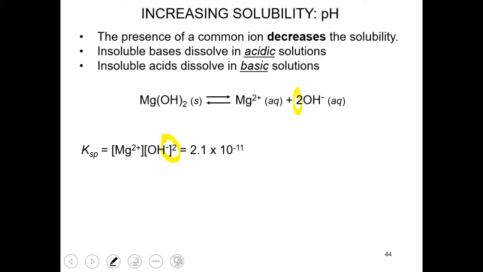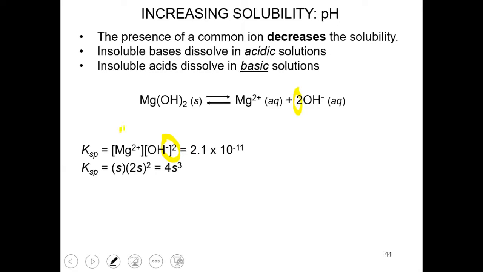Now, if we were to look at solubility here, we would say that, again, at equilibrium, each one of the ions has a proportion of the molar solubility of the compound, S. So this would be magnesium S, hydroxide is 2S squared. Remember, it's not 2 times S squared, it's 2S, the whole thing squared, because that's the molarity here.